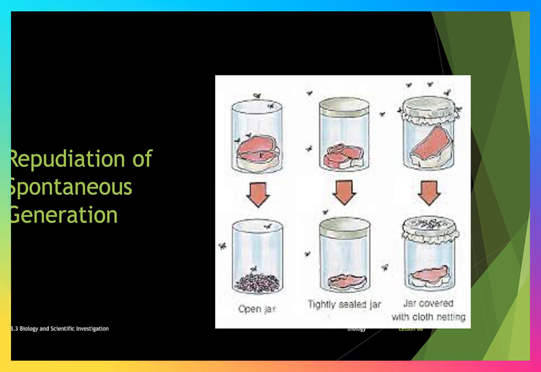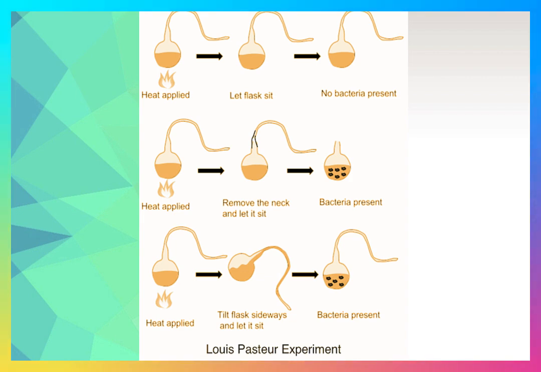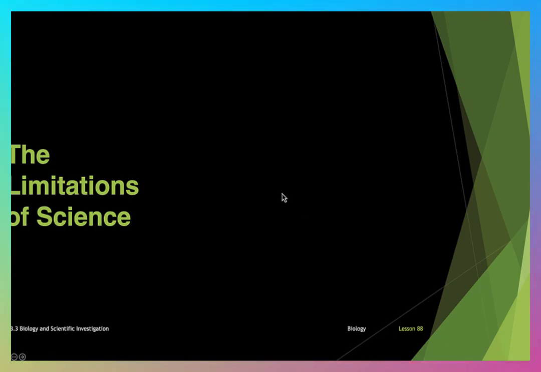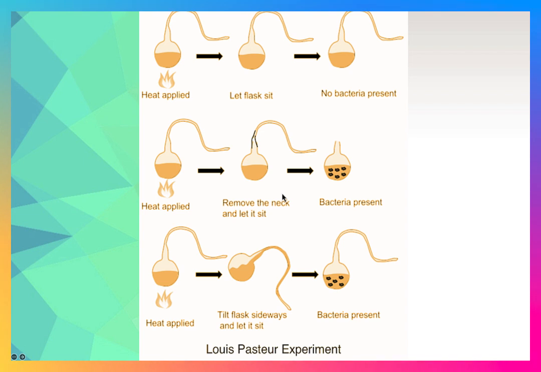Now, what Louis Pasteur did is he had a series of flasks. The first he heated, and then he let the flask sit, and no bacteria developed in the flask. He put a very long curved tube on it so that air was able to get in and out of the flask.